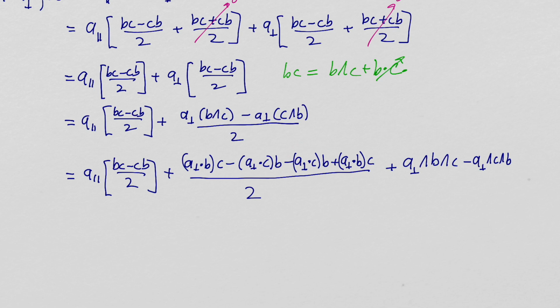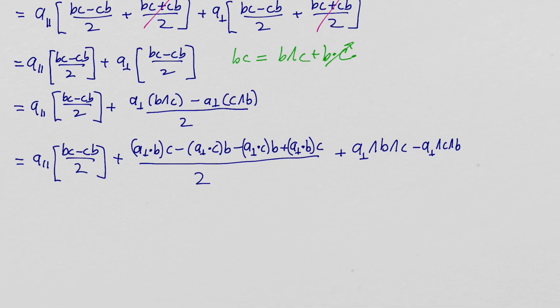And then the trivector part, this expression here, A perp space-time product B wedge C, has A perp wedge B wedge C as its trivector part, and minus A perp C wedge B is minus A perp wedge C wedge B for its trivector part.